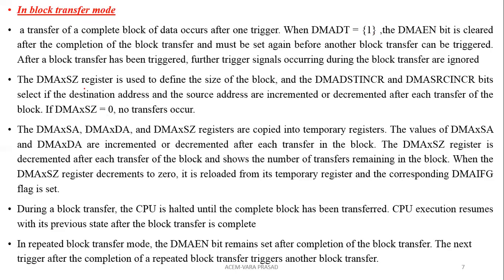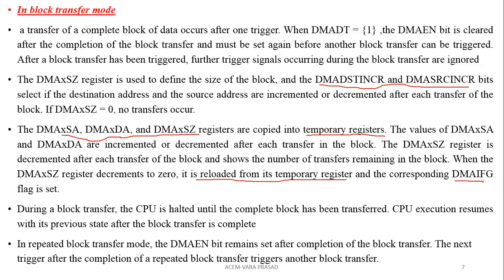Here the SZ and incrementing bits are used for incrementing, decrementing or no change, and the DMA SA, DA, and SZ are stored in temporary registers for the next block transfer. When one block is transferred, it is reloaded from the temporary registers on the DMA IFG flag.